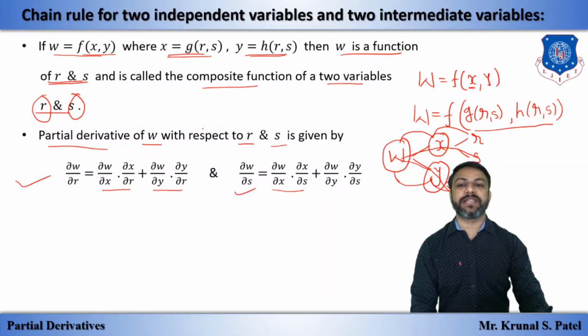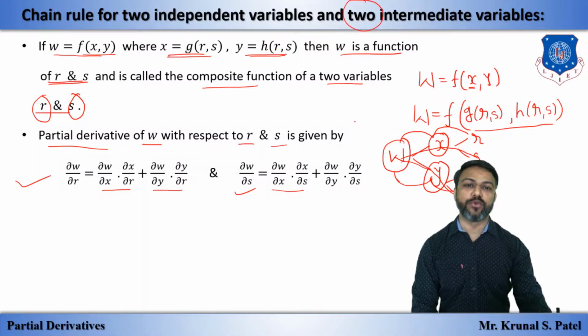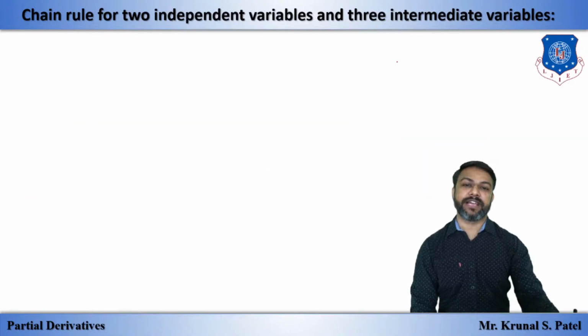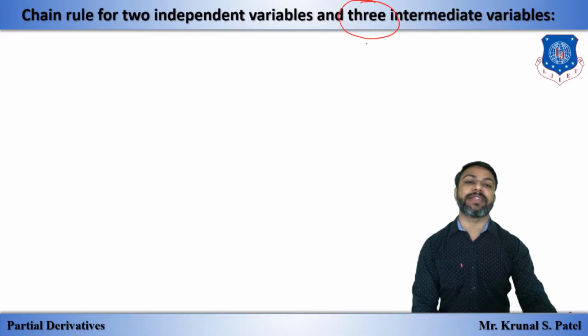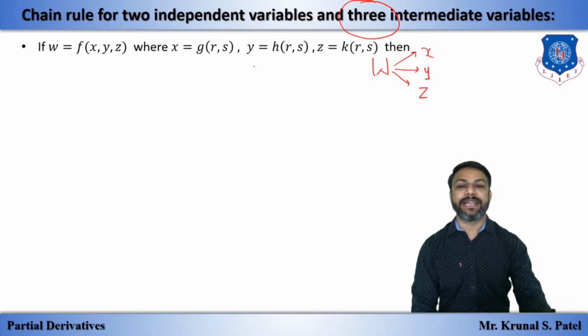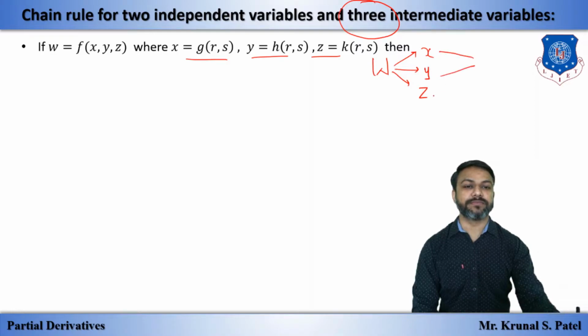Same way, if we have three intermediate variables instead of two, then we have this topic, chain rule of two independent variables but with three intermediate variables. That means w is a function of x, y and z, and x, y, z is a function of r and s.